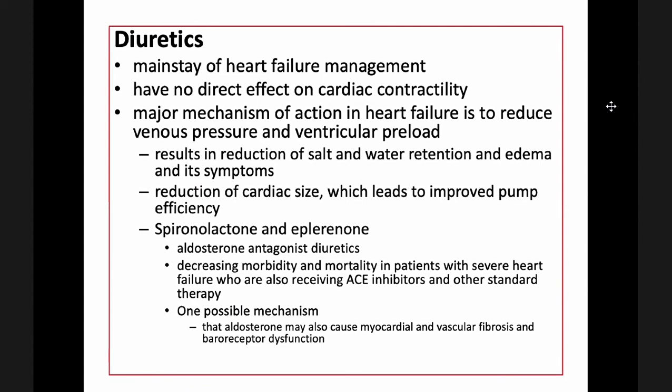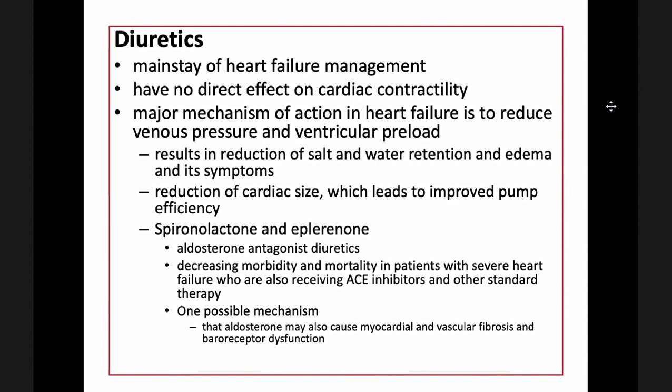So spironolactone and eplerenone, they are aldosterone antagonist diuretics. They would decrease morbidity and mortality in patients with severe heart failure who are also receiving ACE inhibitors and other standard therapy.